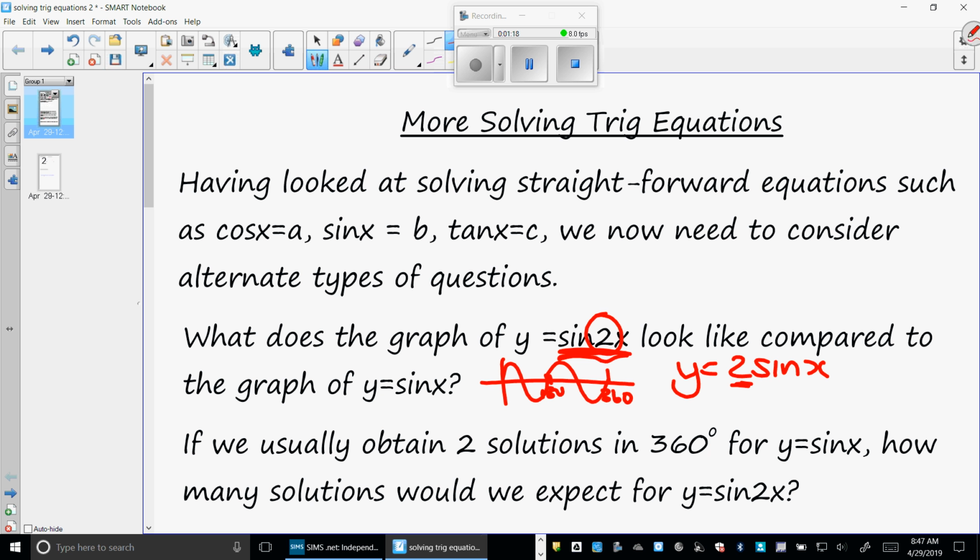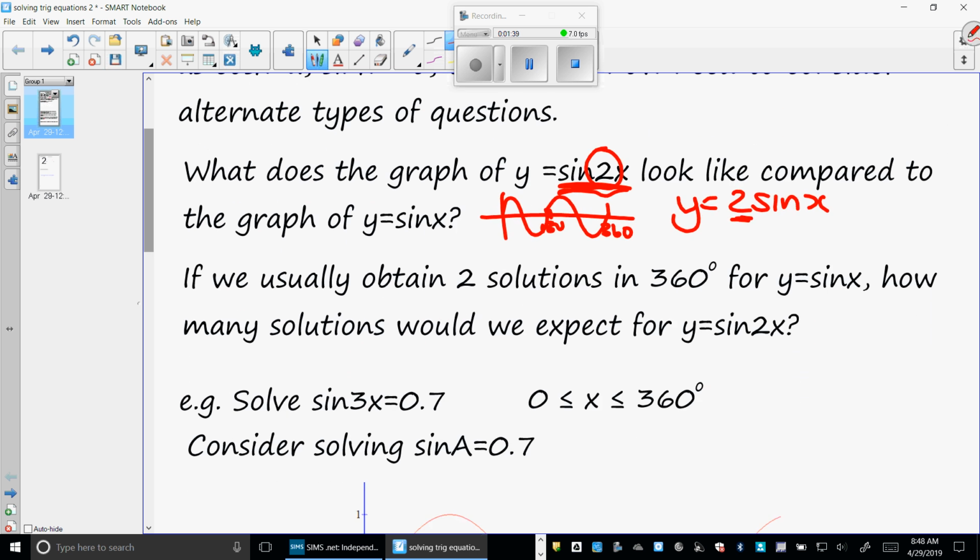Usually we're looking at 2 solutions, but if we were looking at the same 360 period for these graphs, how many solutions would we have? 4. So if we usually take 2 solutions, how many solutions would we get with 2x?